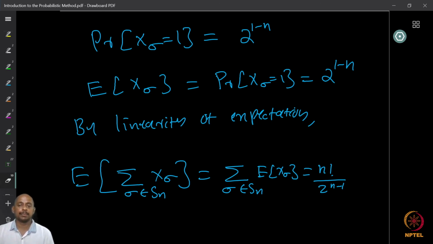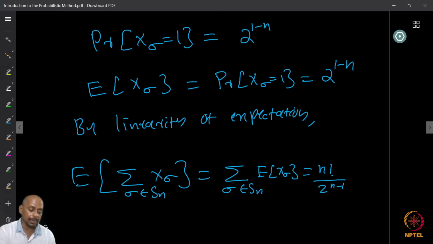Now the linearity of expectation says that if I sum over all these events, for all the sigma in Sn, all the permutations, then the expectation of the sum is the sum of the expectations. So what is the sum as a random variable? The sum takes x sigma, checks whether it is 1 and then adds to the sum.